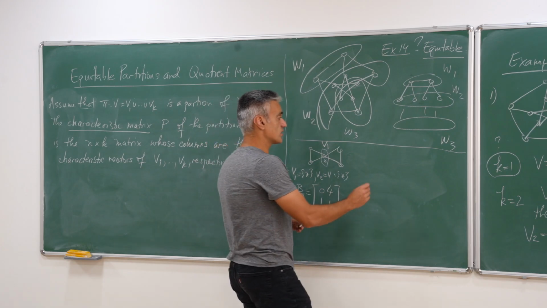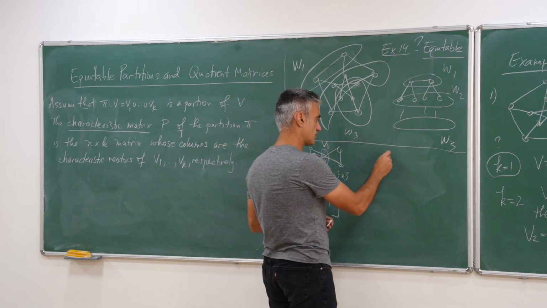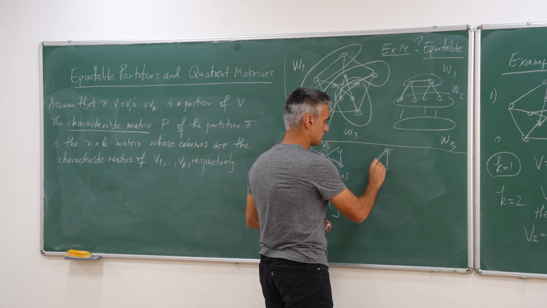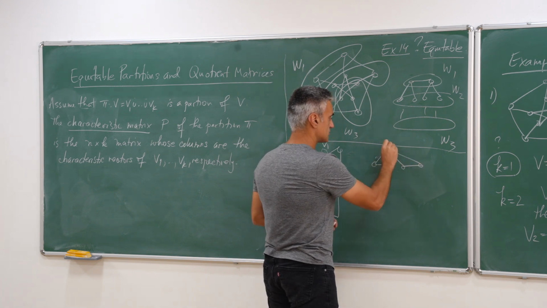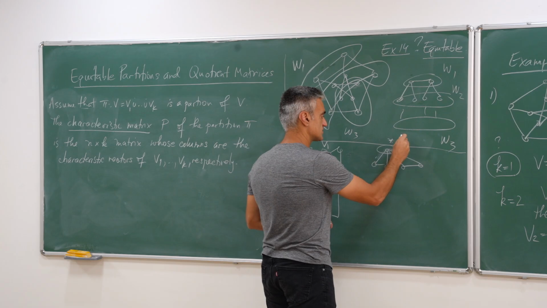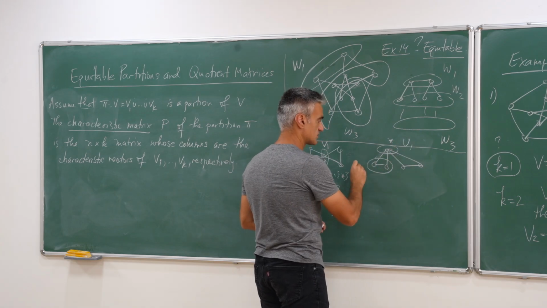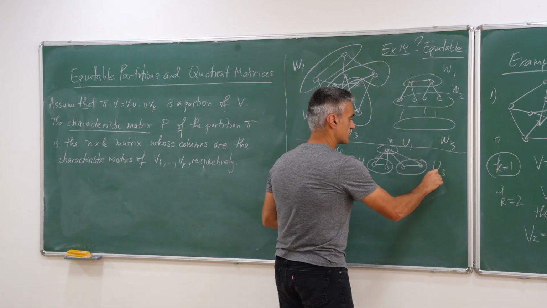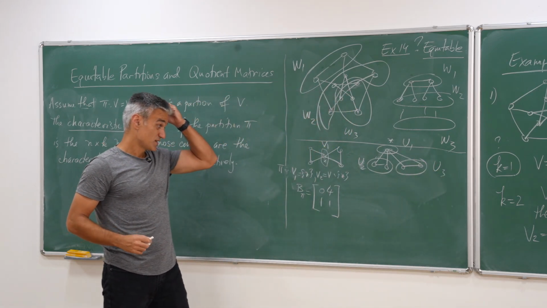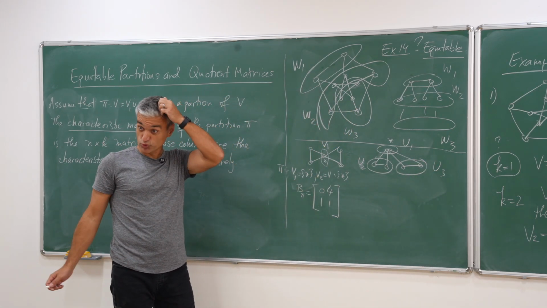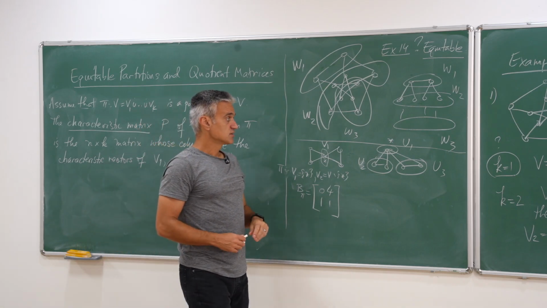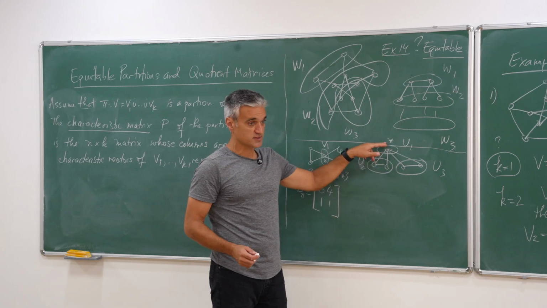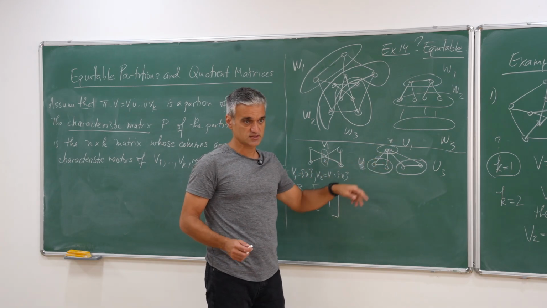Now I can do another partition. Let me draw this a bit differently. So this is x. Okay, let's call this now u1. This here is u2, and this is u3. So the V2 from before, I just split it into two parts. So you have to look, is this equitable? Inside each part I see regular, between each part I see biregular.